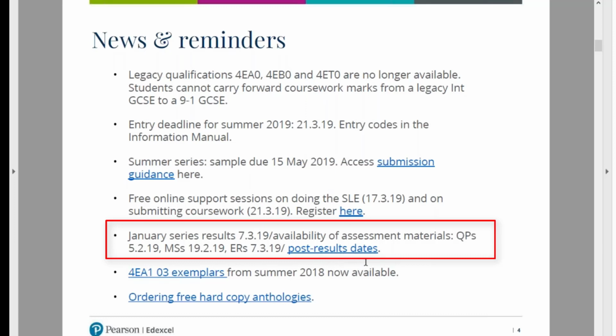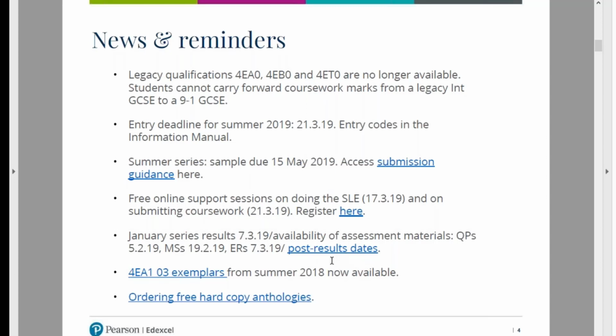Don't forget that if you are using our free access to scripts service after a series, it is only available for a limited time, and that's always listed in the post-results date. So if you want to download your candidates' scripts with their permission, you do need to do it within that window, and after that they're no longer available. So it's always worth checking what those dates are.